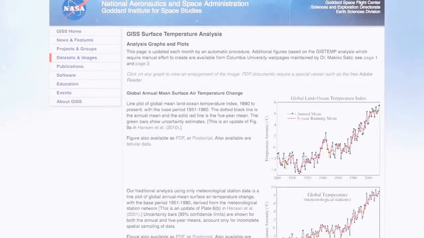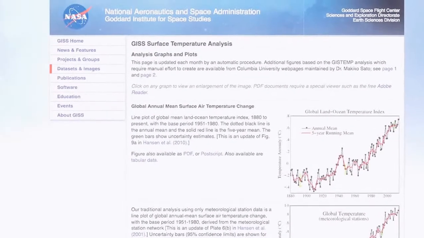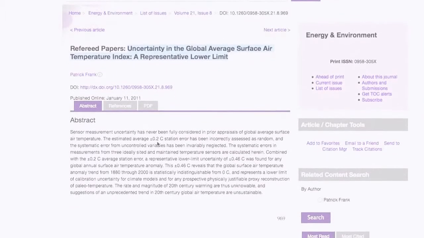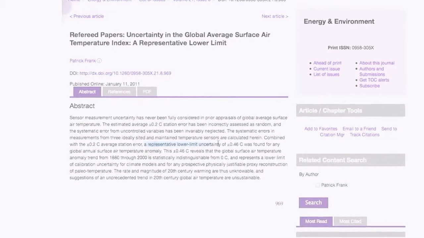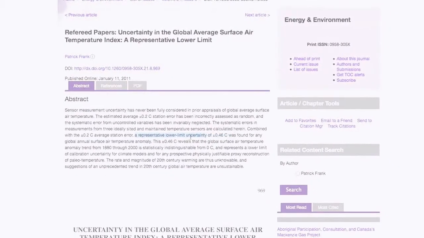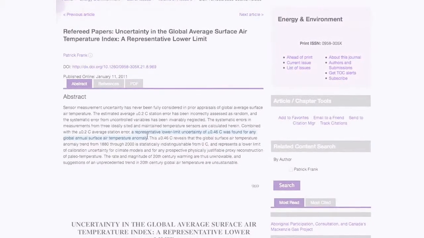But what is the actual uncertainty in these figures? Has anyone calculated that? Well, it turns out someone actually did calculate that in this paper, Uncertainty in the Global Average Surface Air Temperature Index, a Representative Lower Limit. And here's the money shot. A representative lower limit uncertainty of plus minus 0.46 degrees Celsius was found for any global annual surface air temperature anomaly.